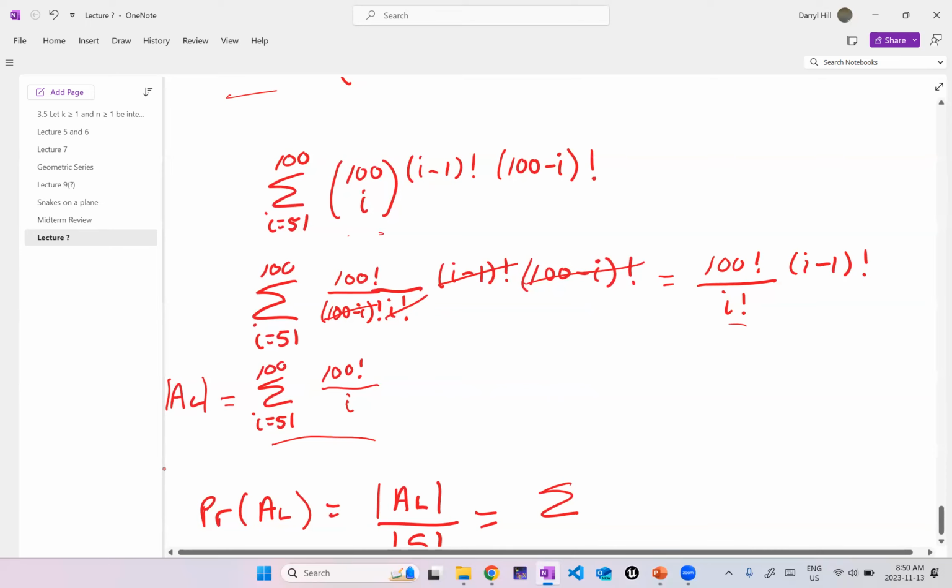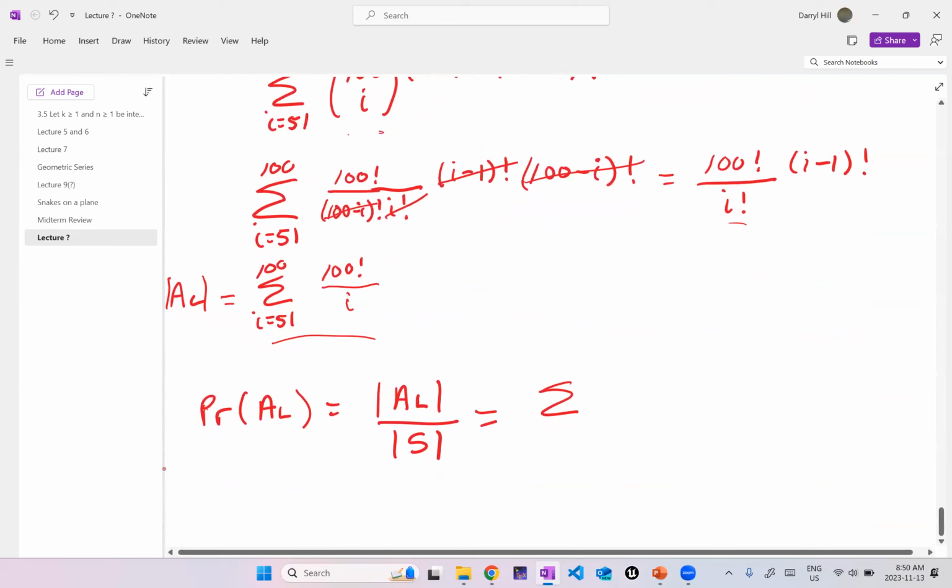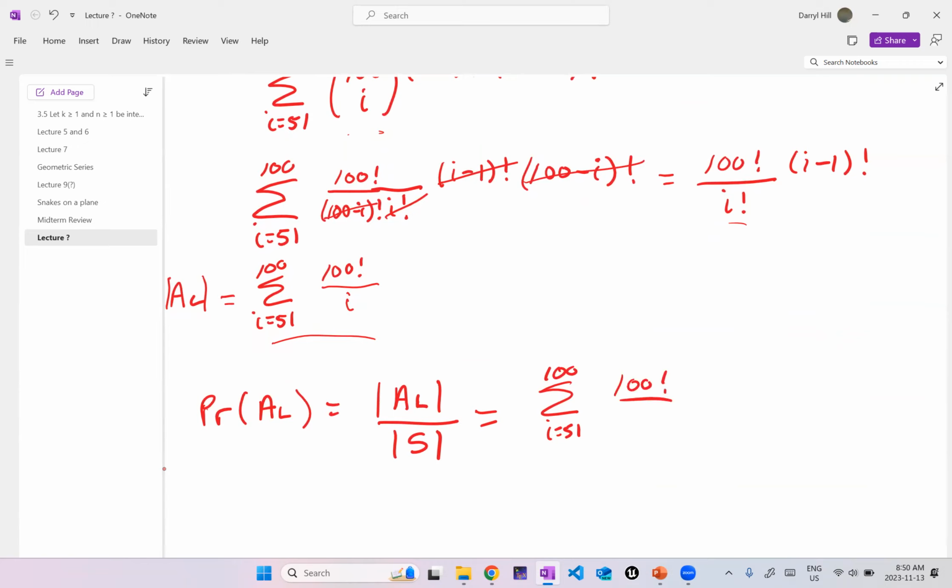Okay. So now I have this sum, I equals 51 to 100, 100 factorial over I over 100 factorial. The 100 factorials will cancel out, and it's left with the sum from I equals 51 to 100 of 1 over I. And then that breaks down into the two harmonic numbers.